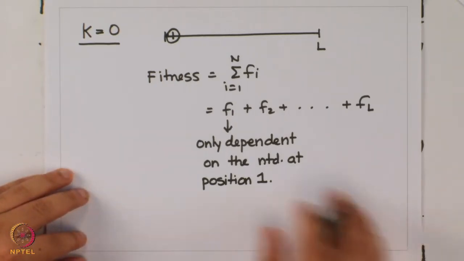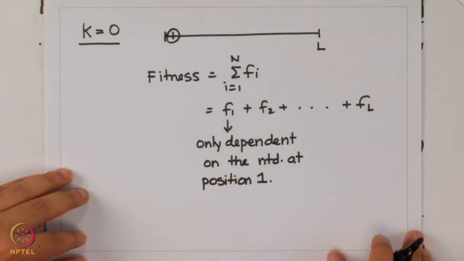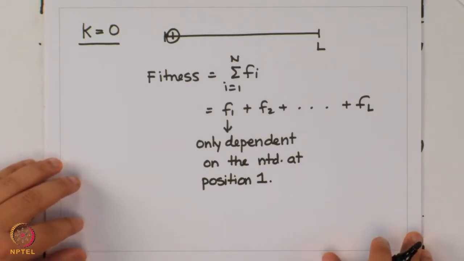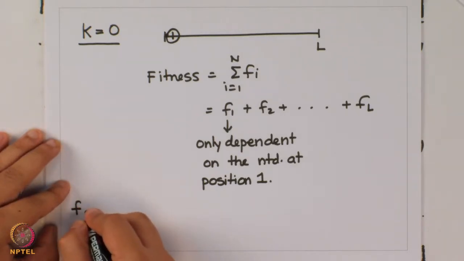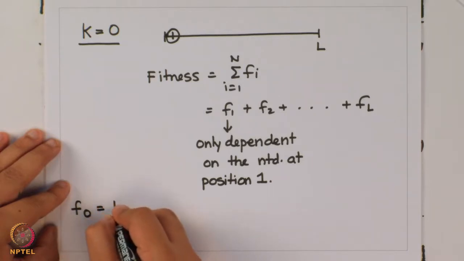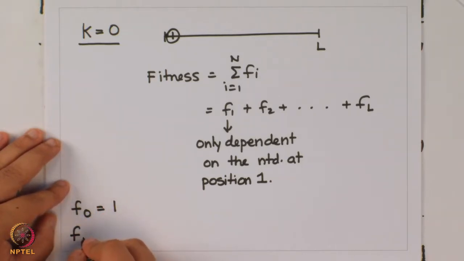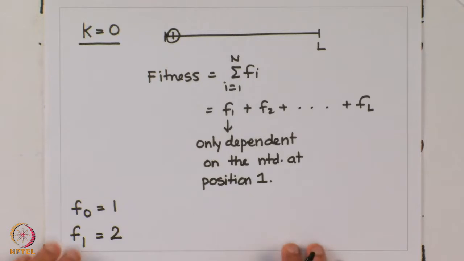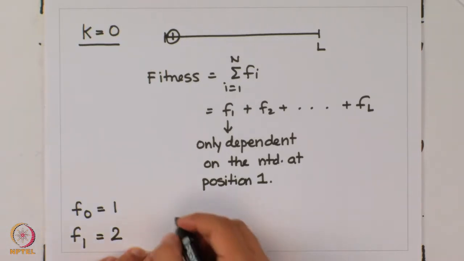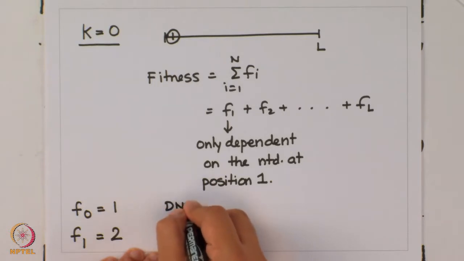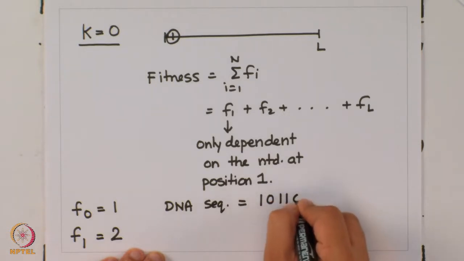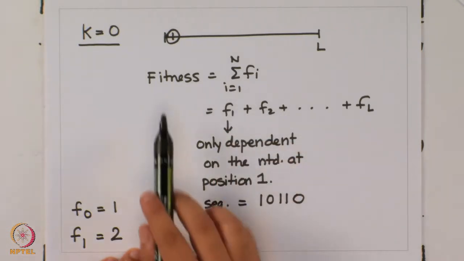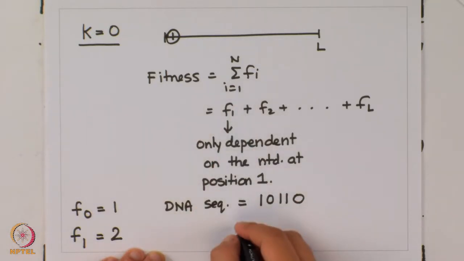If that's the case, then how do I determine the fitness of a DNA sequence? What I define is that the fitness contribution of a 0 is, let us say, 1, and the fitness contribution of a 1 is, let us say, 2. These are the contributions that I choose, and then if I have a DNA sequence which is equal to 1 0 1 1 0, I have this relationship that fitness is equal to the sum of the contributions of each of these positions.